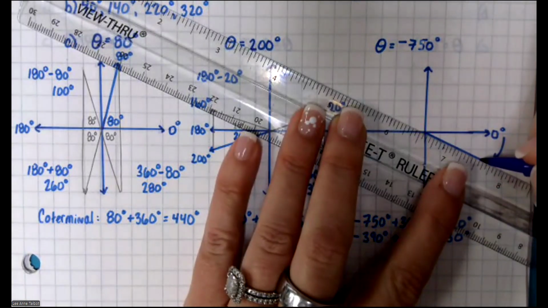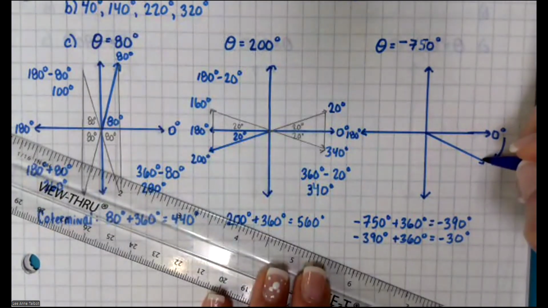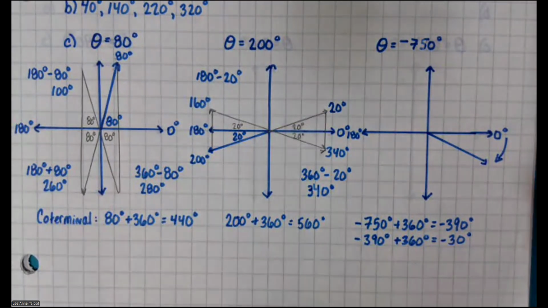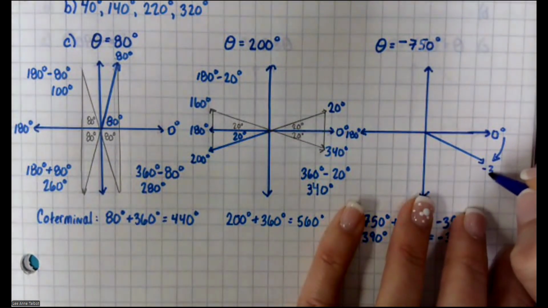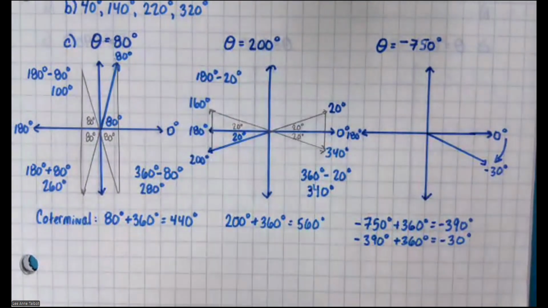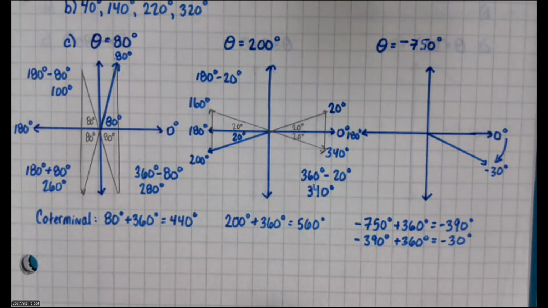So negative 30 would be right here. Okay.